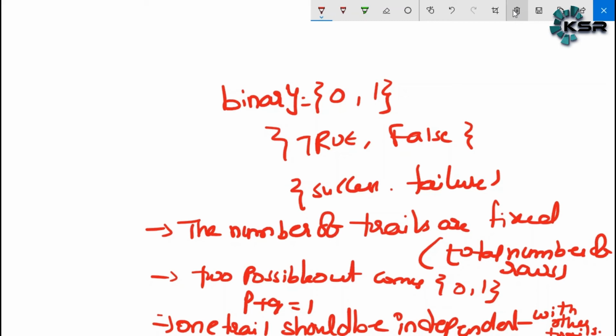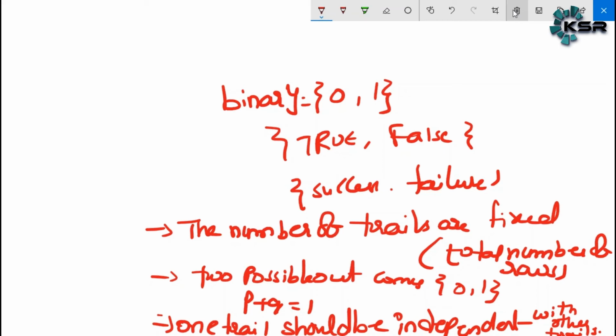So if you look very clearly, categorically, does the properties of the binomial distribution influence the logistic regression?